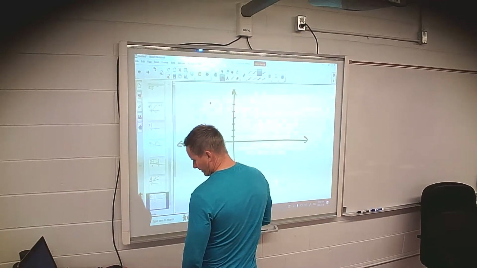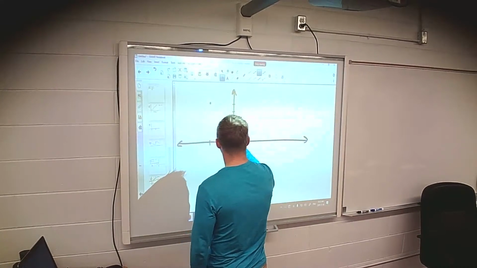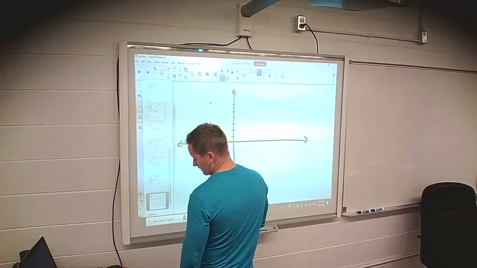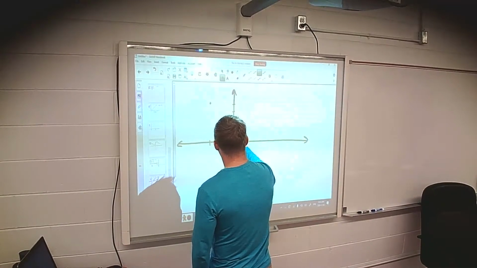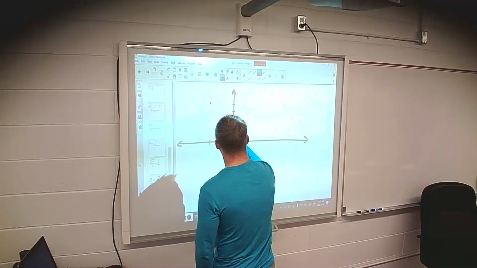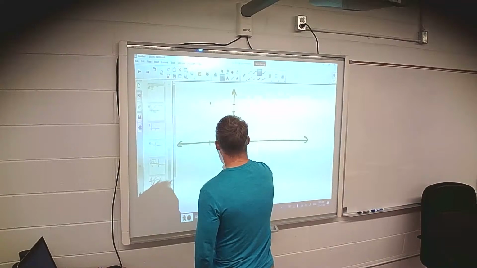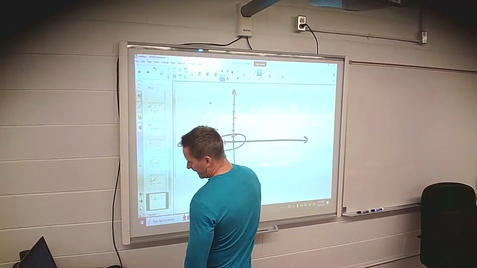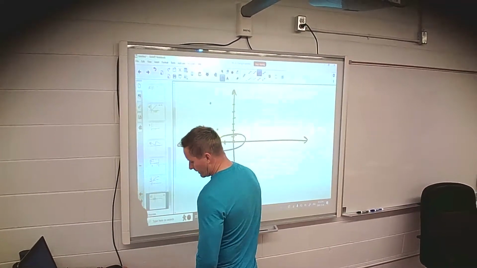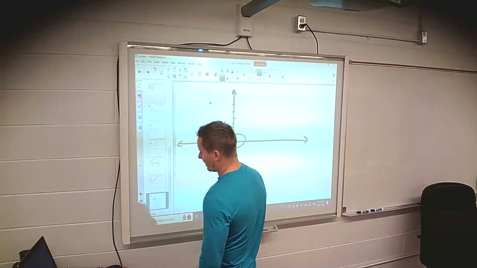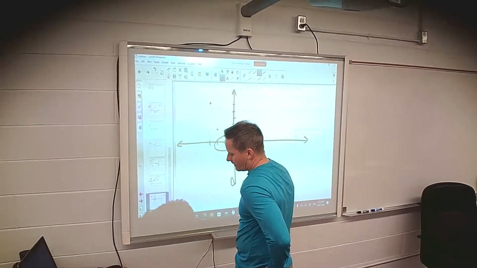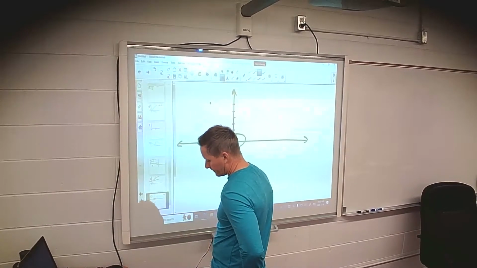Minus 1 and 0. 0 and 0. Okay, so I'm just looking at the coordinates here, Kaylin. And at that point right there, I know it's not a linear relation, because it has to give you a straight line. So in A, it's a nonlinear relation.